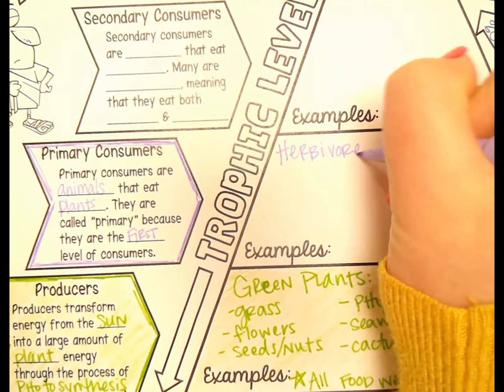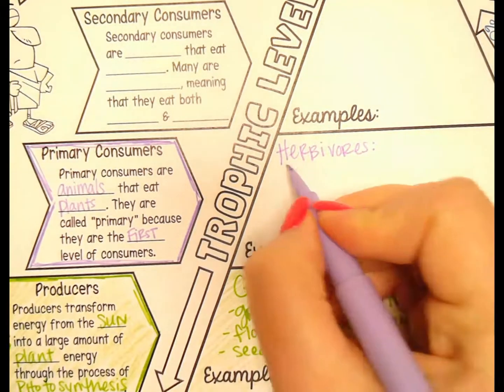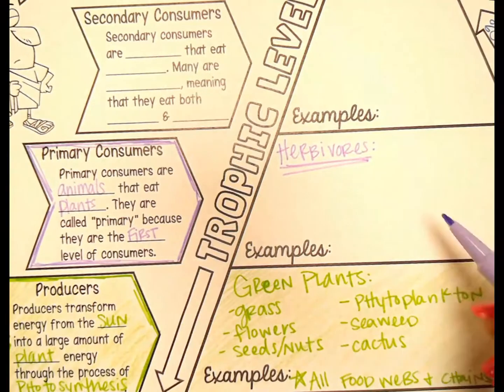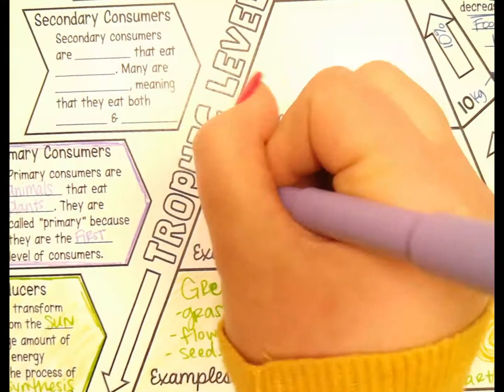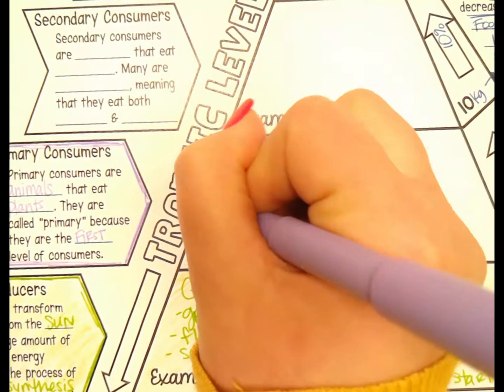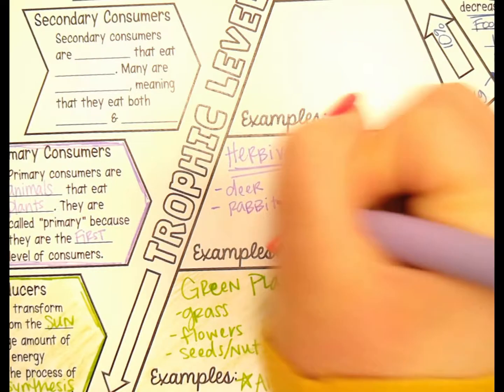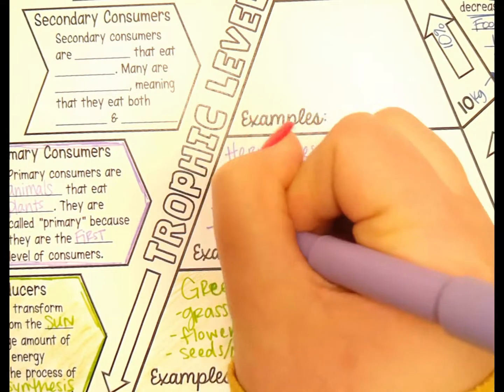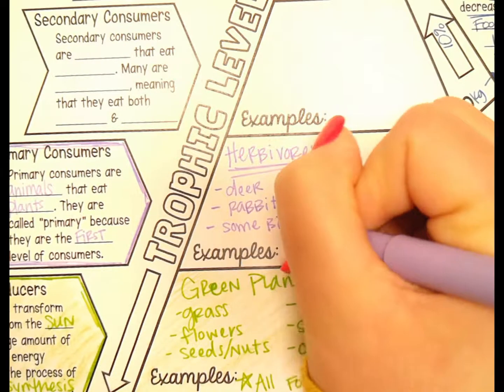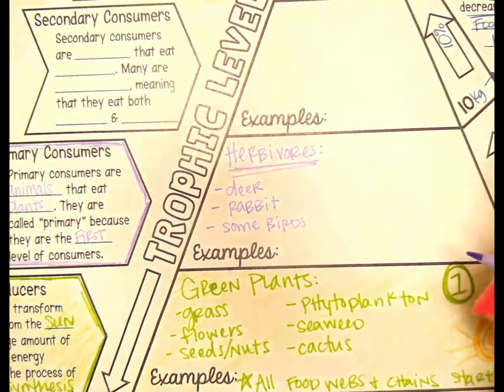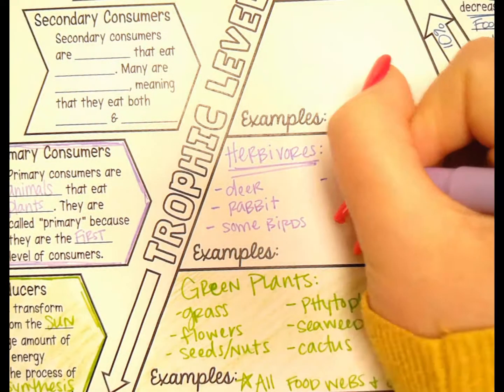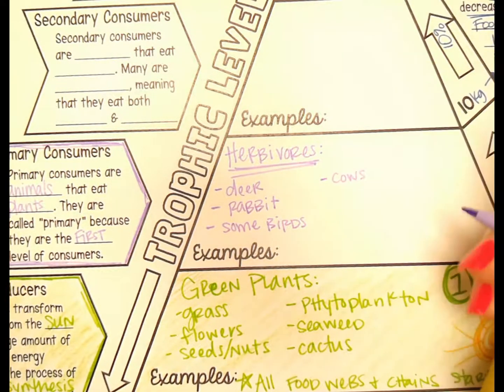These are going to be herbivores, right? These are organisms that eat plants. So, what are some examples of herbivores? We could have deer or rabbit, some types of birds, right? If they eat seeds and nuts. You can have big organisms like cows or elephants.